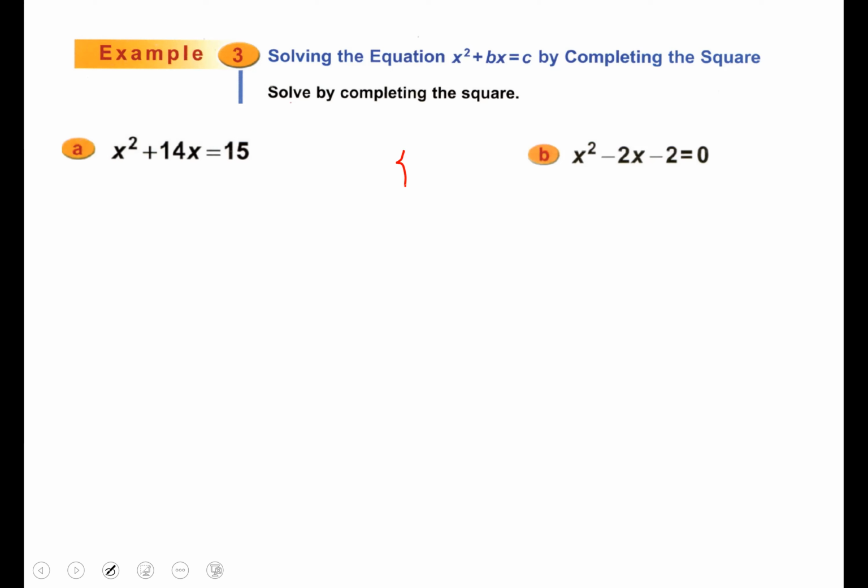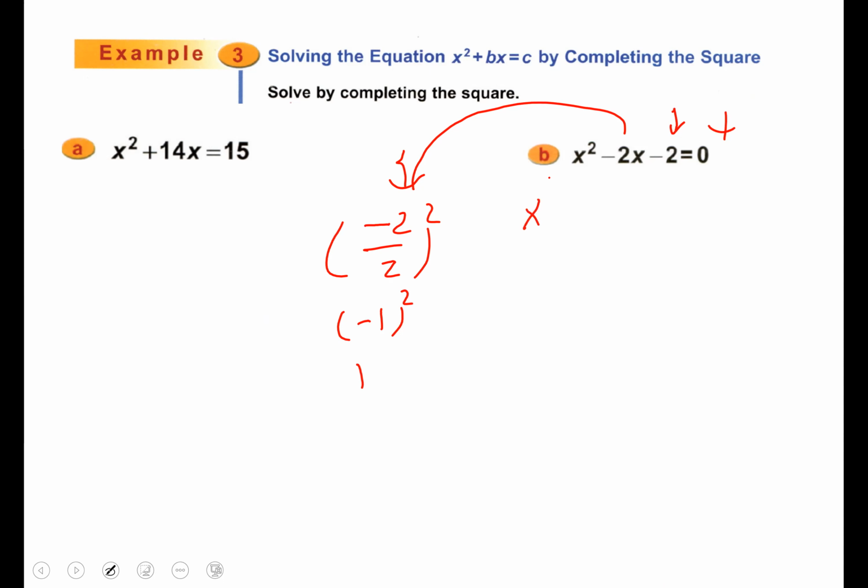As we said before, we are going to take negative 2, divided by 2, and as a power of 2. Negative 2 divided by 2 equals negative 1. Negative 1 to the power of 2 equals 1. Why? Because negative 1 times negative 1 equals 1. And let's add 1 to both sides.